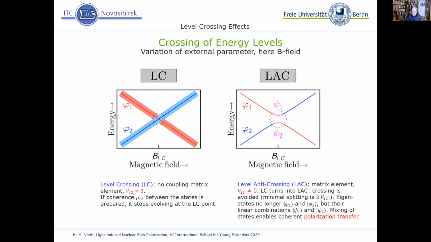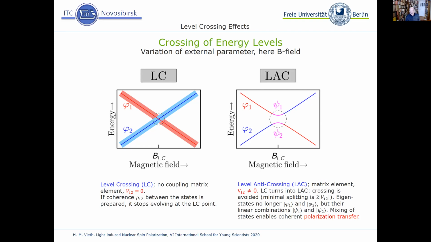And in this case, when we have this coupling, the eigenstates in that region of the level anti-crossing are no longer the pure cases of the spin states, but they are combinations. We have a mixture of, for example, phi 2 to phi 1.